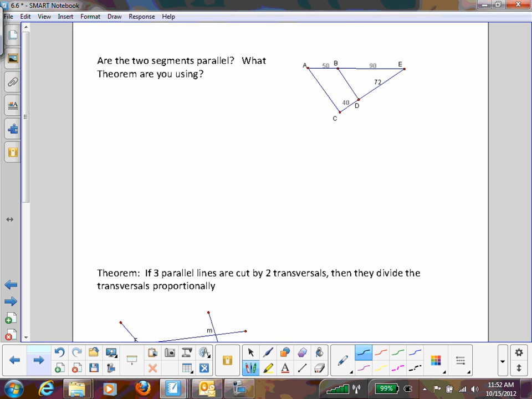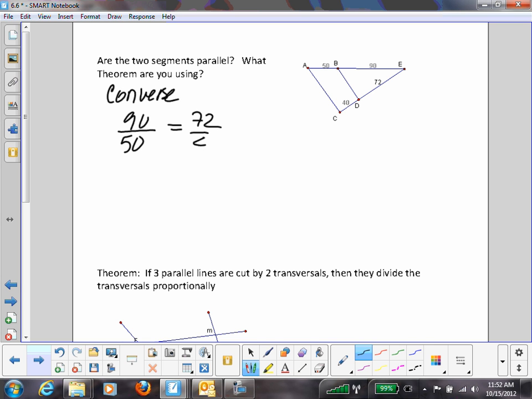Okay. Can we say that the segments are parallel? How are we going to prove it? So what am I going to do? We're going to be using the converse. So we're going to say 90 over something equals 72 over 40, but this is a question mark. So this reduces down to 9/5, right?